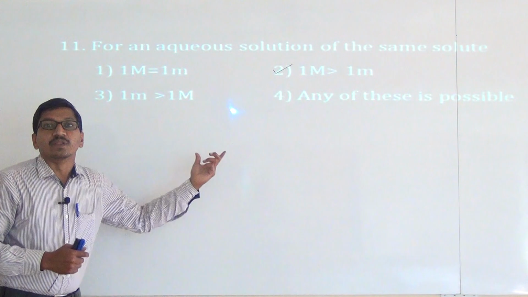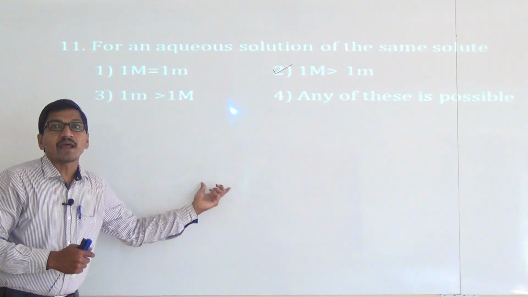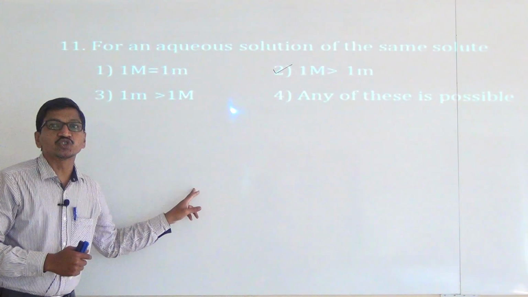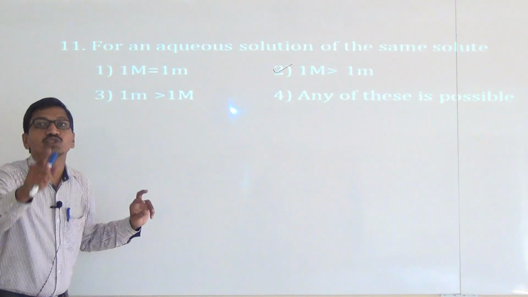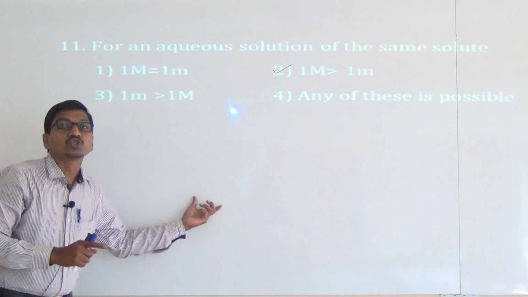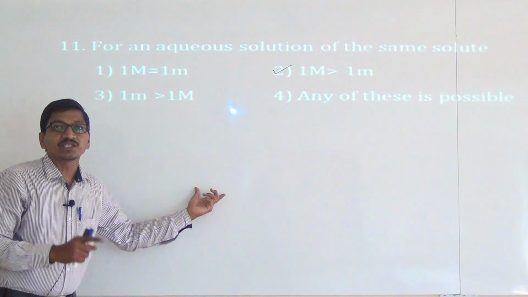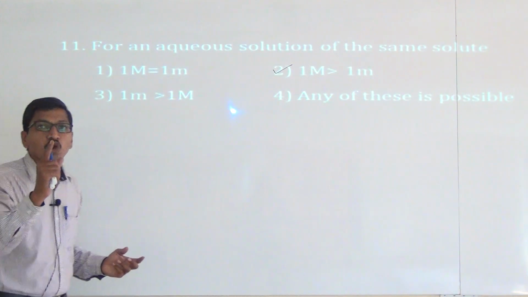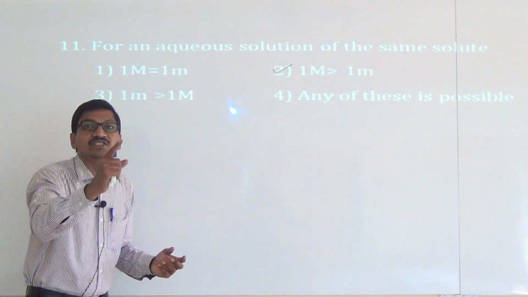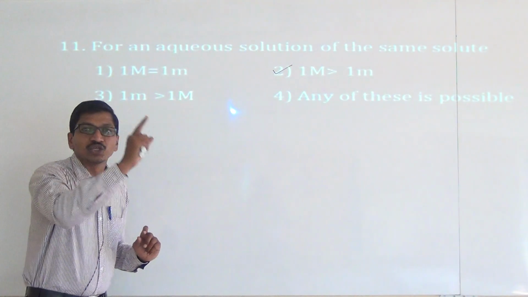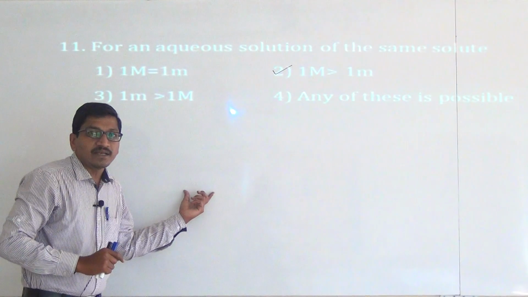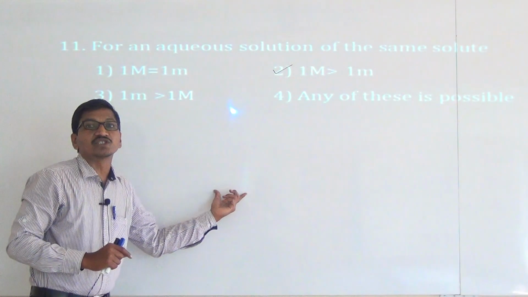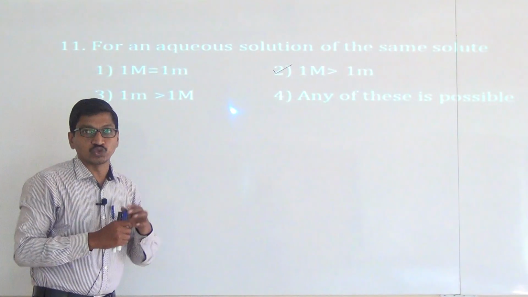Therefore, the 1 molar aqueous solution contains 1 mole of solute in less than 1000 grams of solvent, whereas 1 molal solution contains 1 mole of solute in 1 kg or 1000 grams of the solvent. Hence, the molar solution is higher concentration than the molal solution.